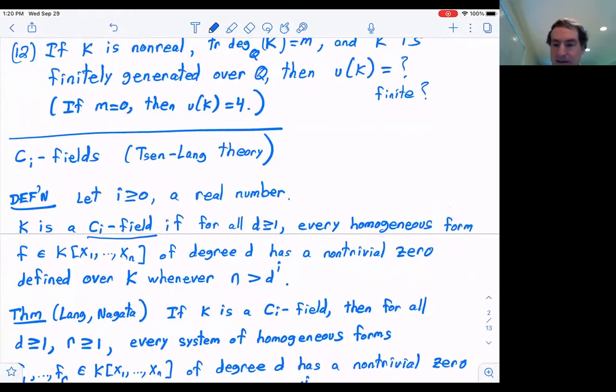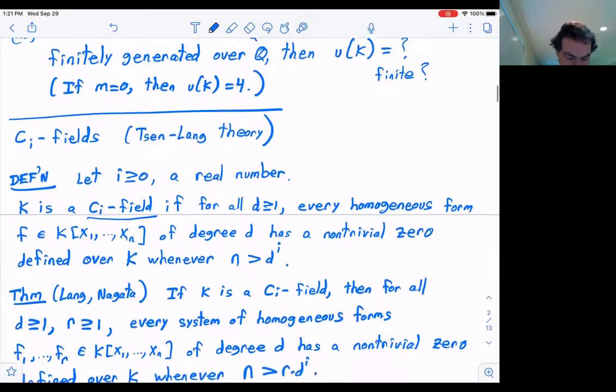We say that K is a C_i field if for all d greater than or equal to 1, every homogeneous form f in n variables of degree d has a non-trivial zero defined over K whenever n is bigger than d to the i. Now, in this talk, when I'm dealing with a quadratic form, that's d equals 2. So my main interest is d equals 2, but the definition goes over in general.